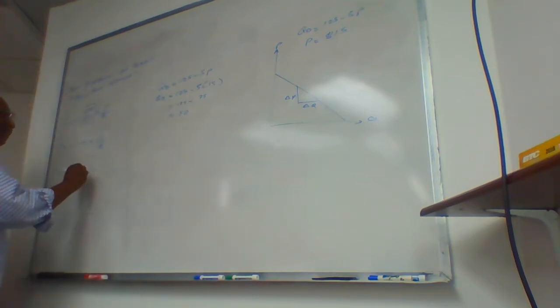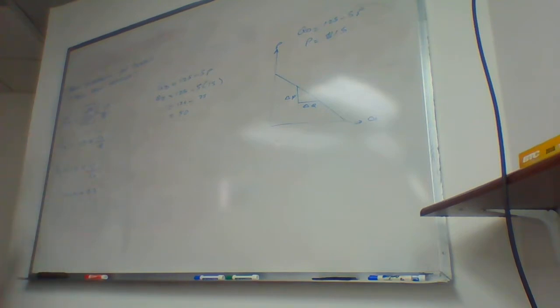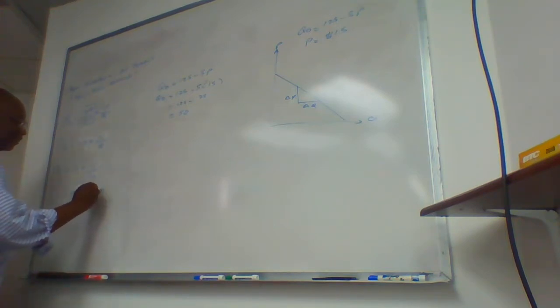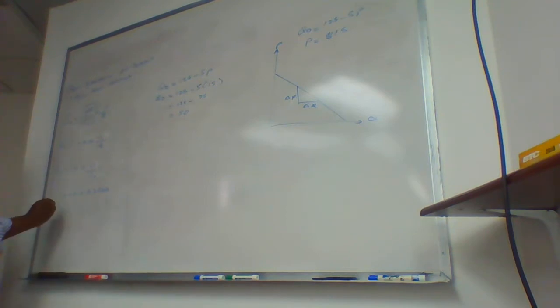And 15 divided by 50 is 0.3. Times 5, that gives me negative 1.5, which is absolute 1.5. Does that look right? That's what the book has.